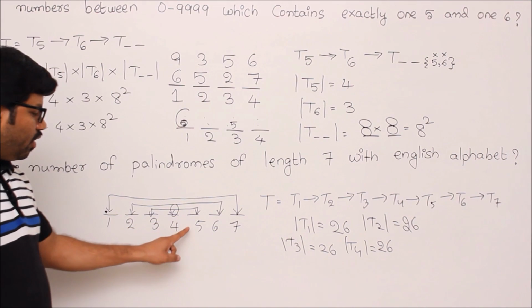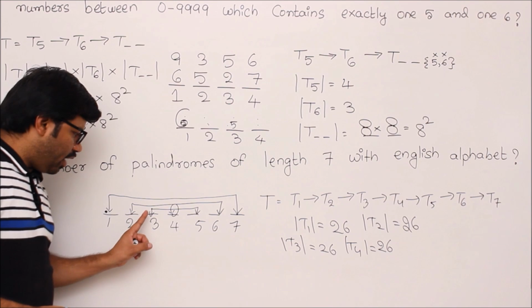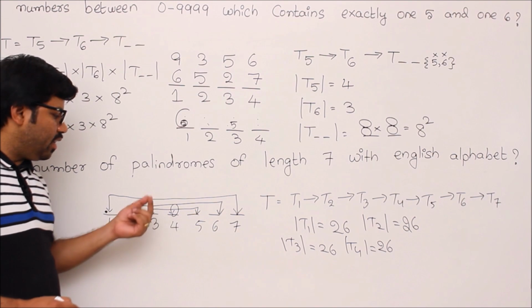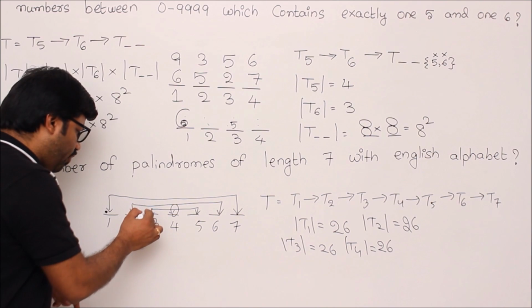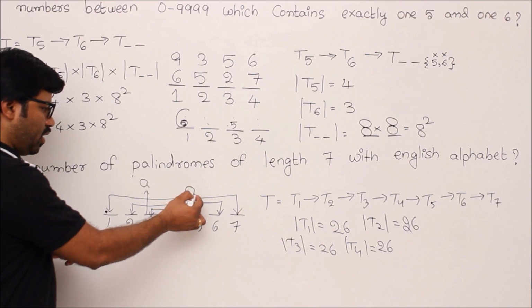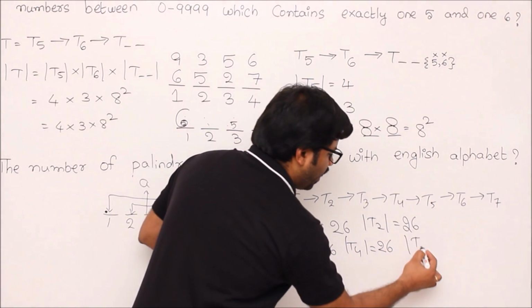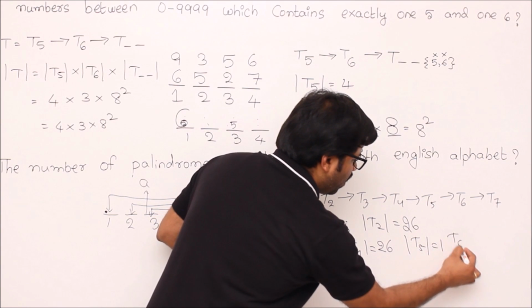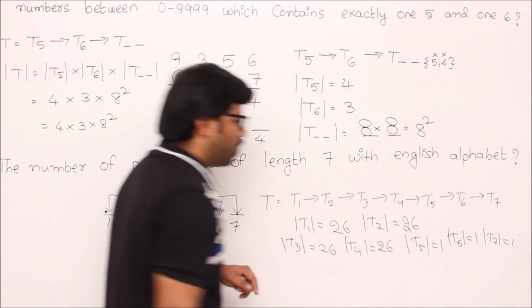Now when you come to T5, T5 is nothing but copying the value from the third position. The T3 task is already done. Whenever the T3 task is done, you fill some value here, for example A, and then you write the same thing in the fifth position. That can be done in exactly one way. That's why mod T5 equals 1. In the same way, mod T6 is also 1, and mod T7 equals 1.